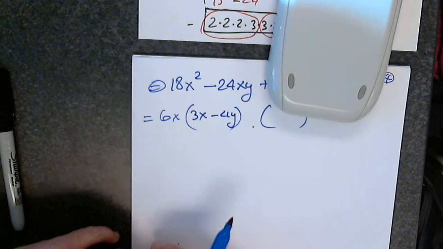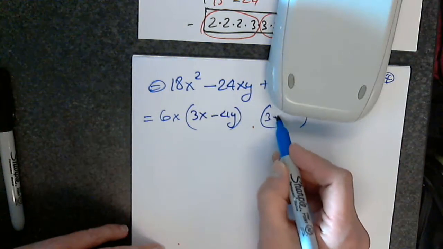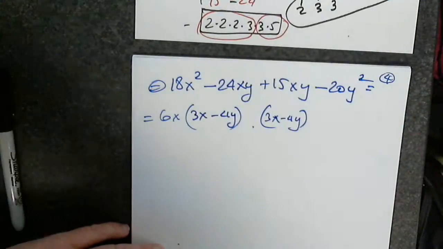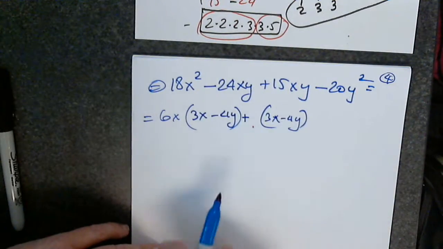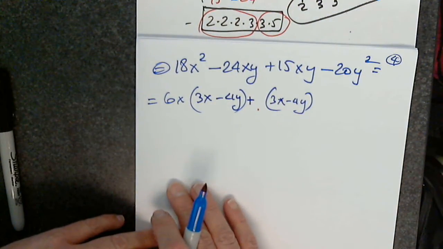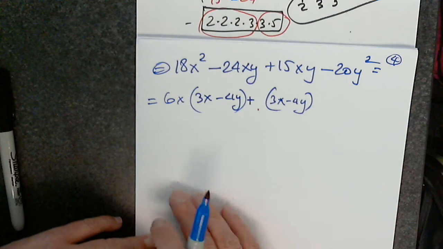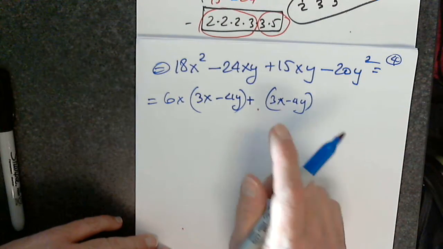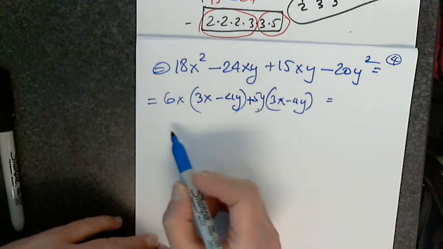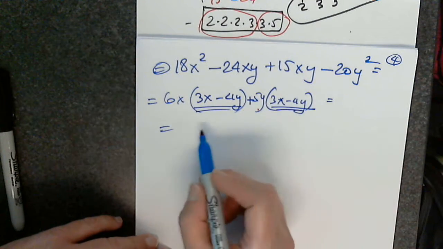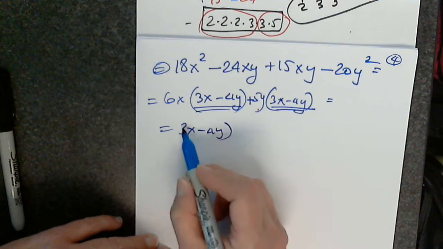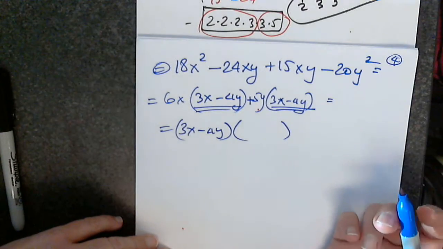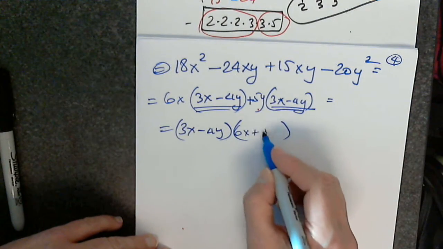Otherwise, I cannot continue. Just 5 will not work. 5y indeed. So then now this will be the common factor, which is 3x minus 4y. And what is left in parentheses? Very good.